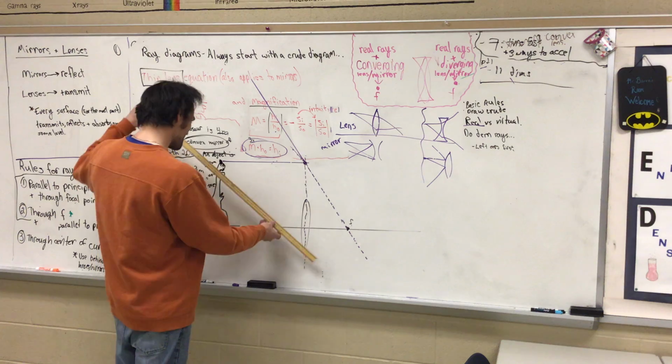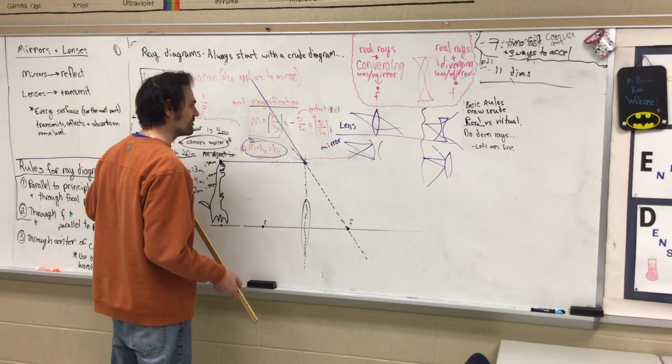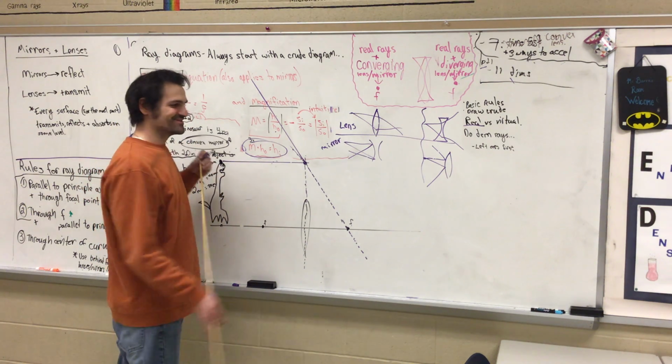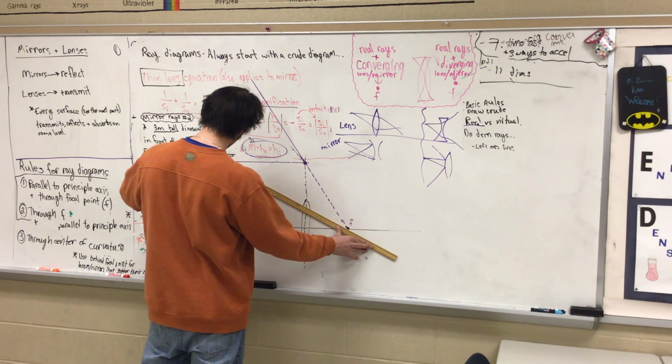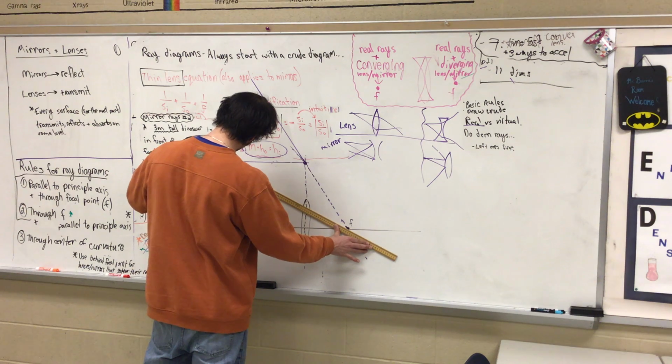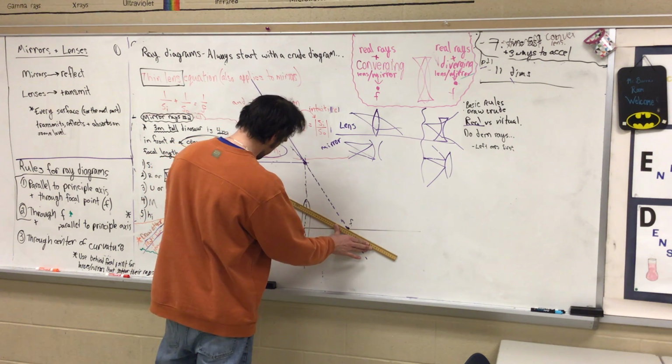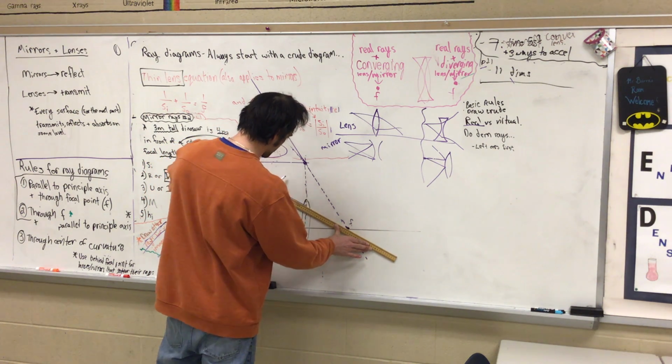Wait, which focal point are we going to use? I'm going to draw an arrow towards that focal point, and then it's going to reflect back parallel to the principal axis.